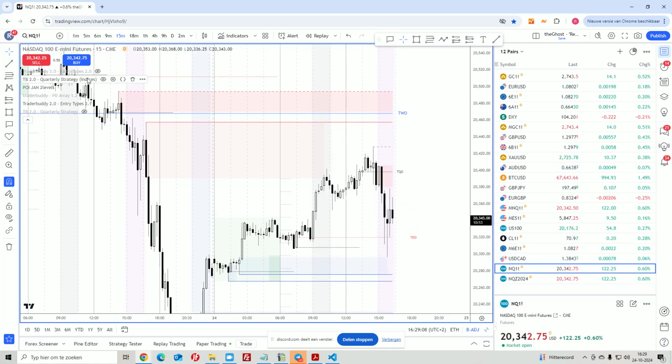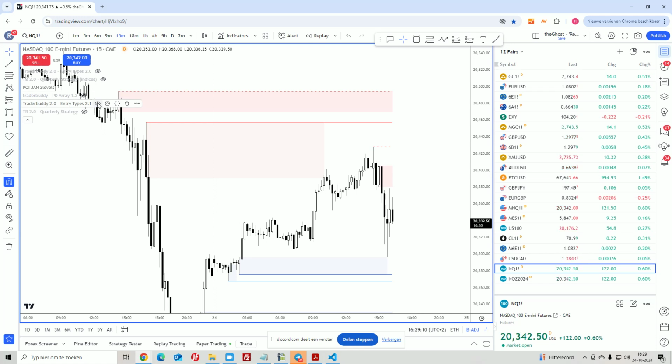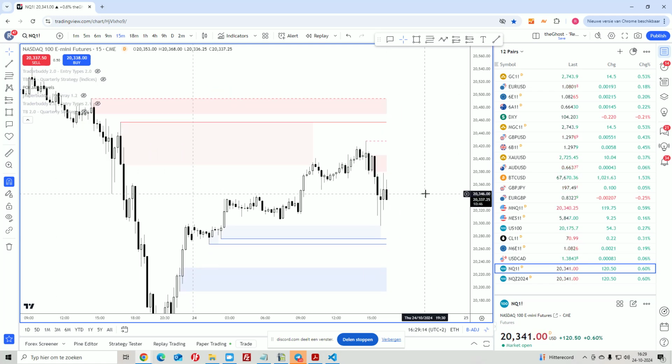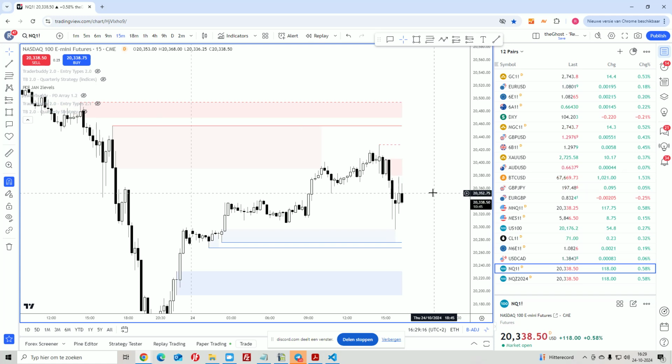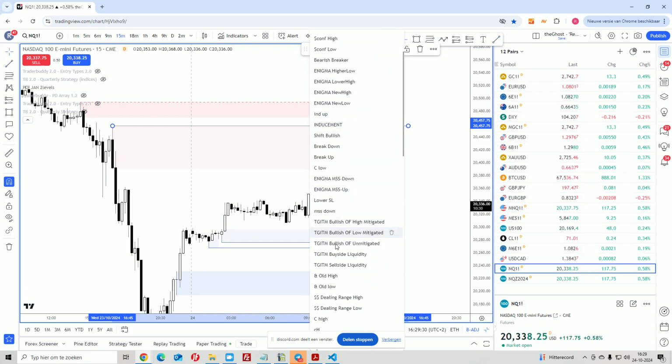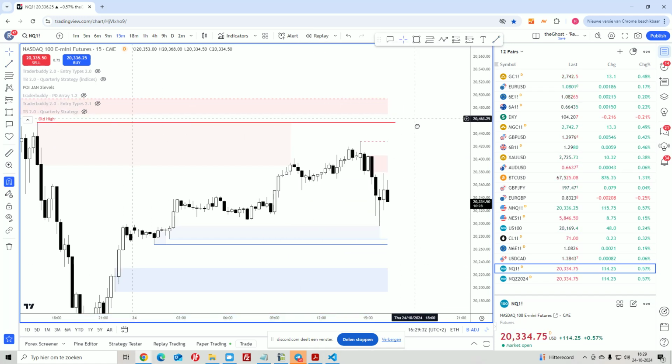And then if we just remove all the other indicators, then you see here what is mitigated and what is not mitigated. This one is mitigated, so this is a POI zone. So the old high here, and that's what you mark off then. You're going to mark off the old high as being unmitigated.